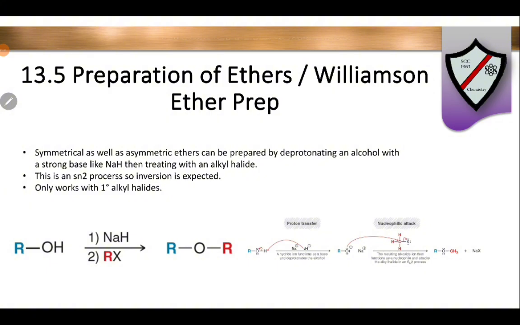This is an SN2 concerted process, so if there is stereochemistry, we do expect inversion. And one point of note is that we can only use primary alkyl halides for this process. So the alcohol group is going to have to be the one that contains the side chains you want, because you can only basically add primary alkyl halides to these alcohols. We'll look at a couple of these examples as we move forward.